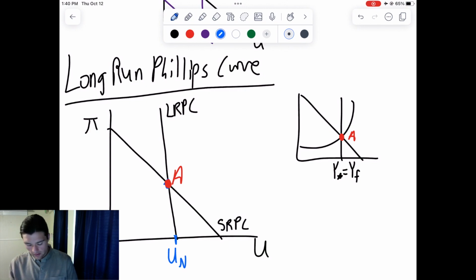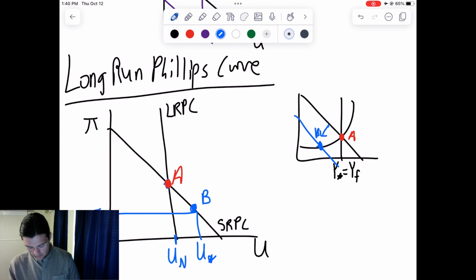You would be at your natural rate of unemployment. If we were in a recessionary gap, such as here at point B, you would be recessionary, higher unemployment, lower inflation. So you would be here. So this would be your current unemployment and your current inflation.